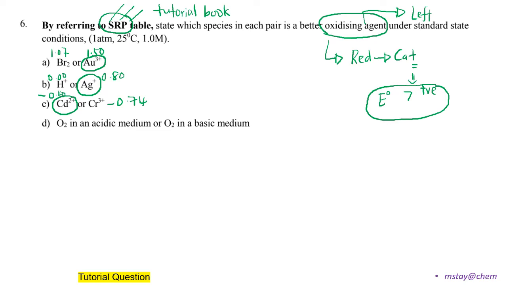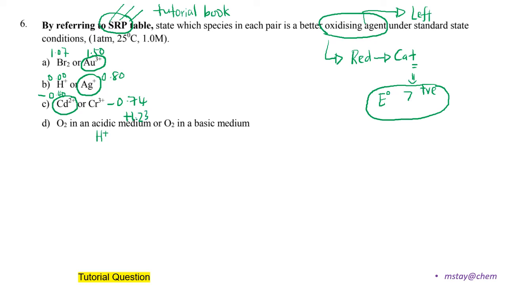Then the next one is oxygen in acidic medium. Besides oxygen in the half equation, you will also see H+ in the half equation. For this one, the SRP value is positive 1.23.